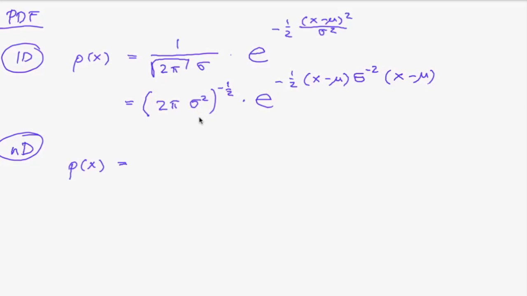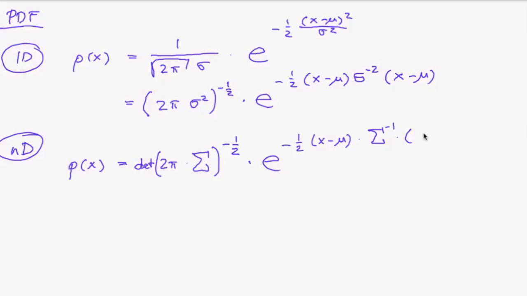Now my sigma will be a matrix. So I'll take 2 pi times sigma, and it contains already the squared elements, so I don't have to square that. And I will have to take the determinant of this raised to the power of minus 1/2 times e raised to the power of minus 1/2 times (x minus mu), and now the x and mu are vectors, times the covariance matrix, and it already contains the squared values, so it's raised to the power of minus 1, times (x minus mu).